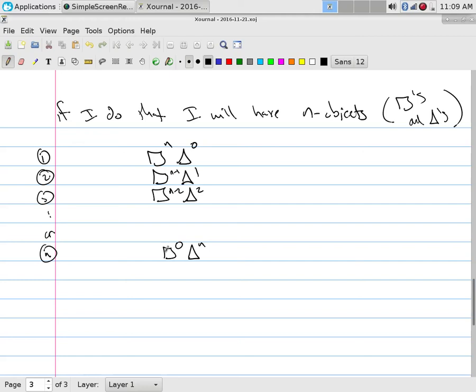All right, is everybody okay with that? If you have n things that are two types, squares and triangles, you could have n squares, no triangles, or n minus 1 squares and one triangle, or n minus 2 squares and two triangles. Is everybody okay with that ordering? Okay. How many of these are there?